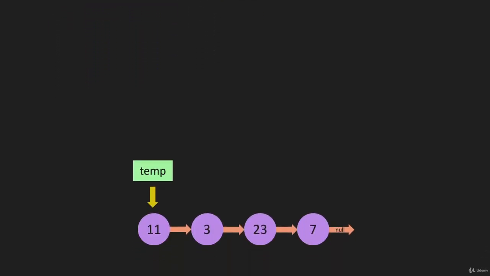All right, so let's bring this up, and we're now going to create a couple more variables. We need to have something after temp. I'm just going to call it next, and it'll point to the next node after temp. We'll just set it equal to temp.next, so it'll point to the next node. And then we're going to have one that we call previous, and we'll start that out by being equal to null.